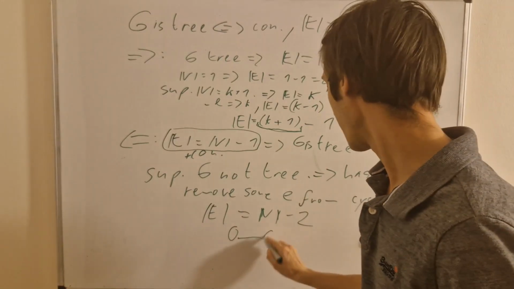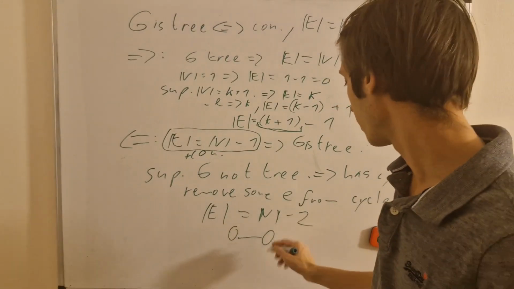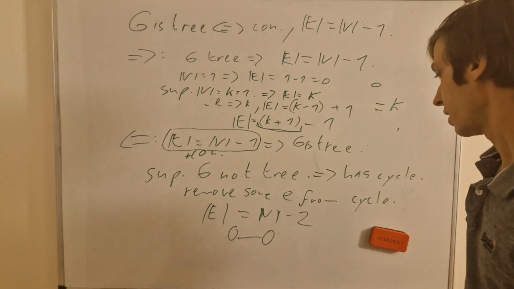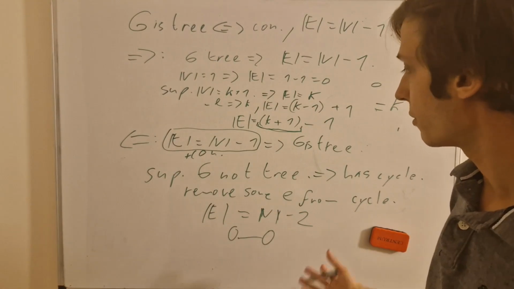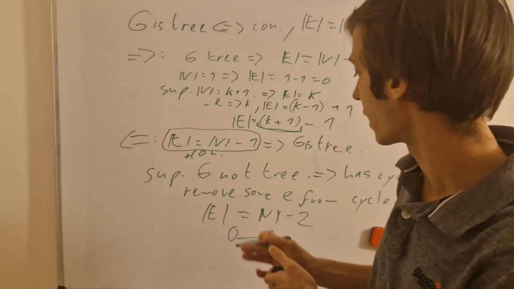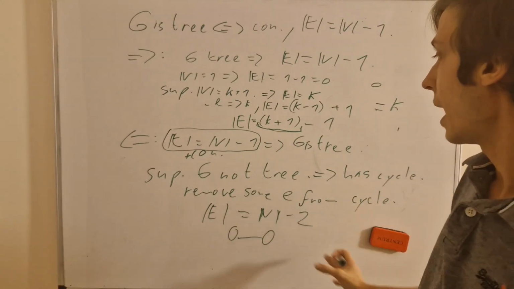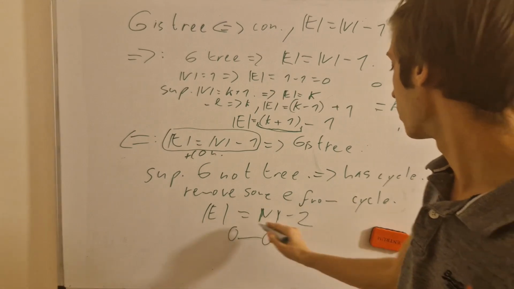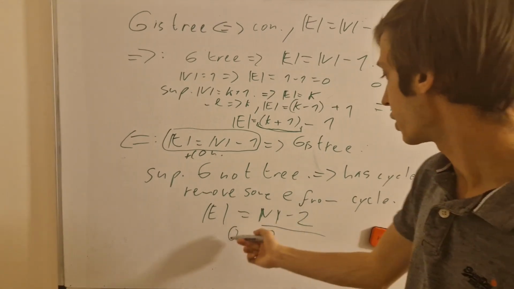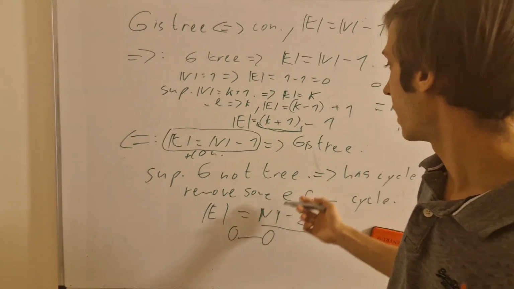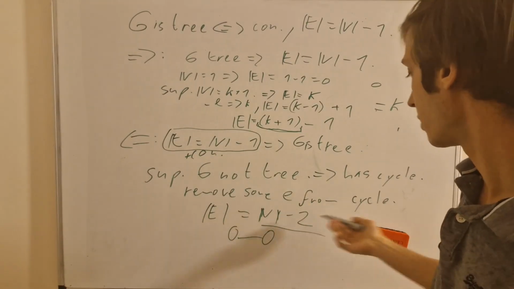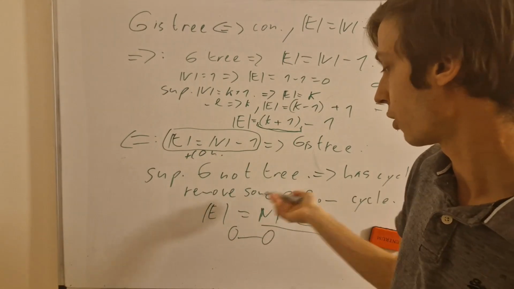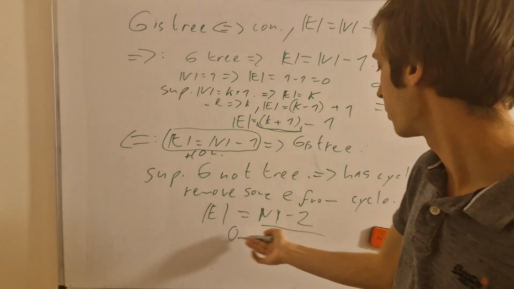If you have a connected graph, the simplest one you can think of is, for example, this. You have 2 vertices, but for it to be connected you must have at least one edge. So the difference can be at most 1, but here it would be 2. That's too little. If the number of edges was supposed to be the number of elements in V minus 2, then it would be 0, which means no edge would be allowed here.